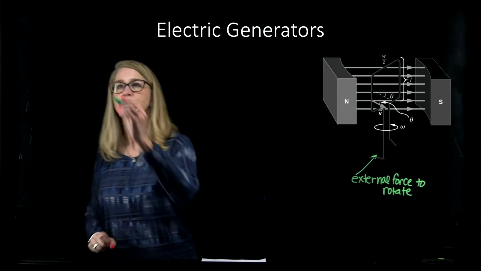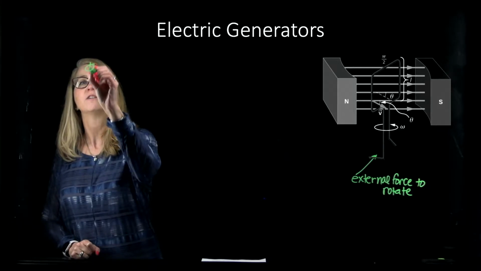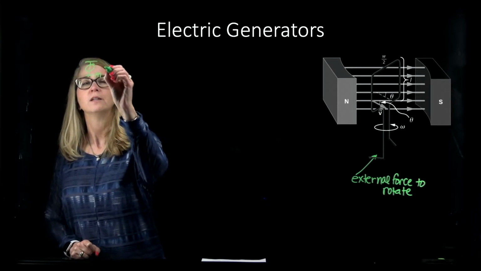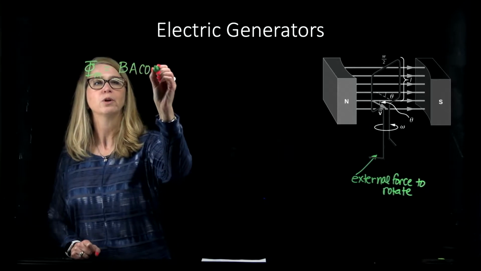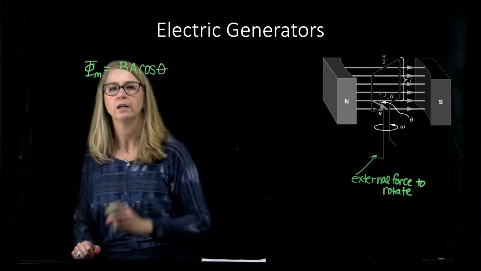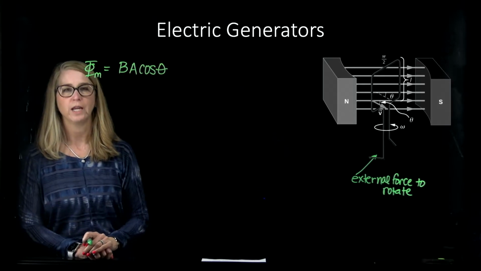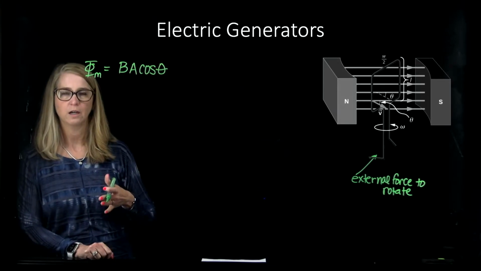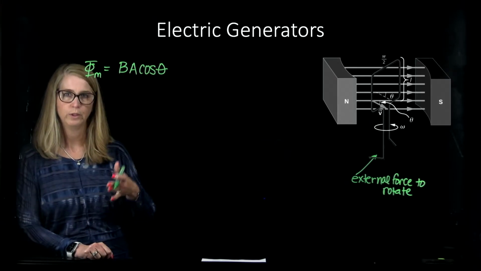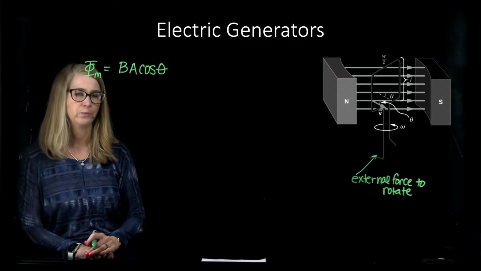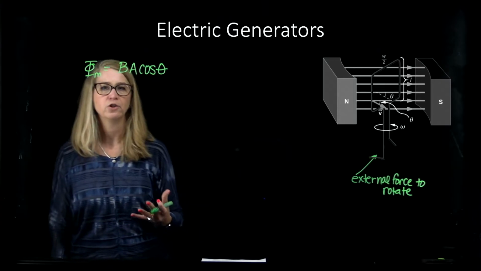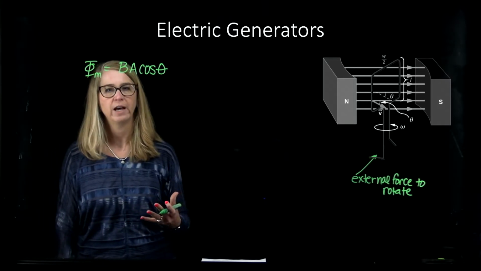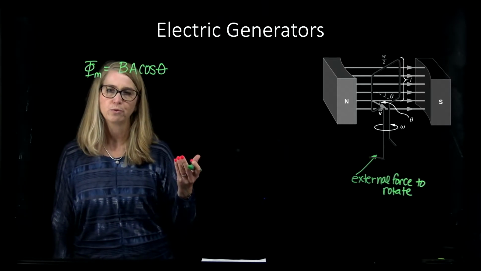So in this scenario, the magnetic flux, of course, is B times A times the cosine of theta. Theta, of course, is the angle between the area of the loop and the magnetic field. Our angle theta is constantly changing because the loop is rotating.